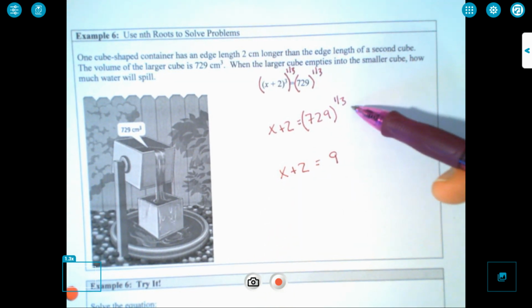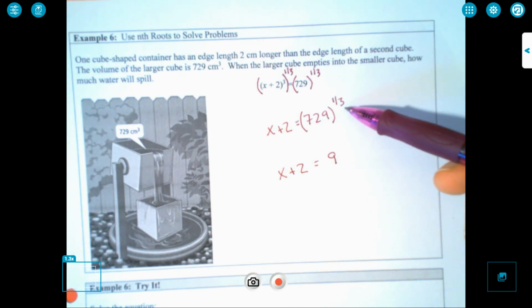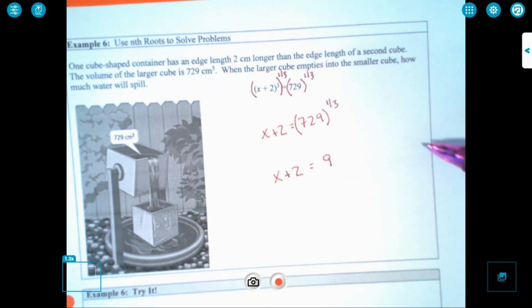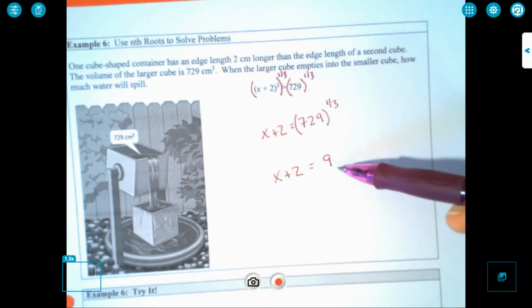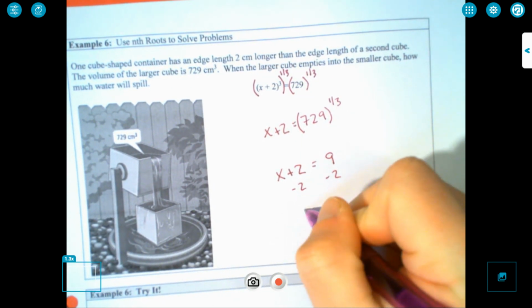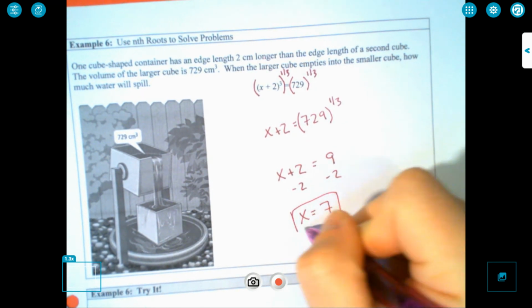Since it was an odd root, it's just the positive 9. If it was an even root, you'd need one equation for the positive and one equation for the negative. But in this case, since it's an odd root, we just leave it positive 9. Then to finish it up, you subtract 2 from each side, giving us x equals 7.